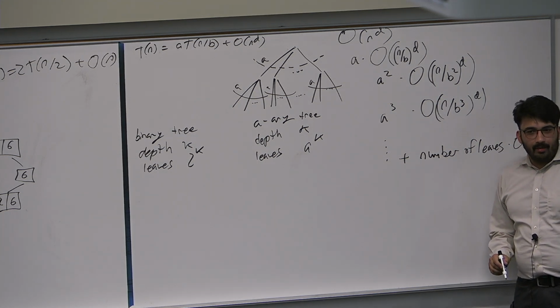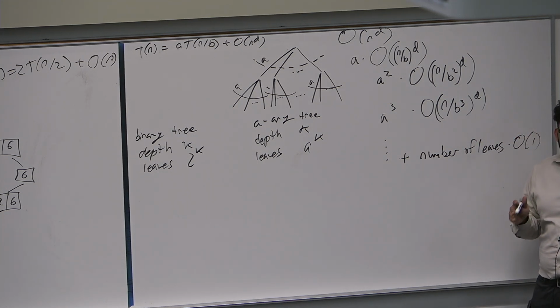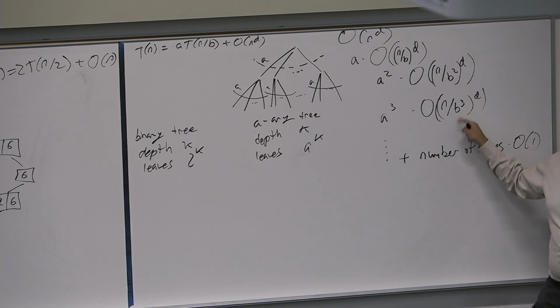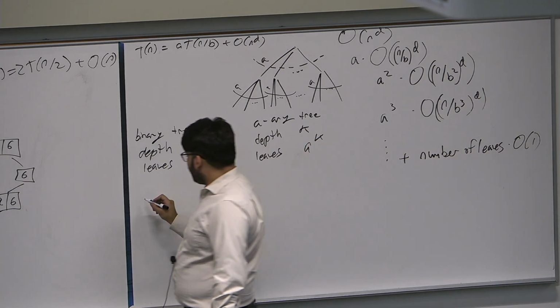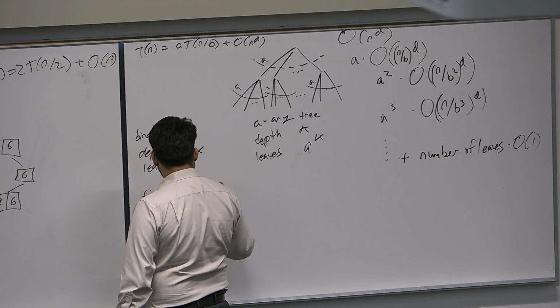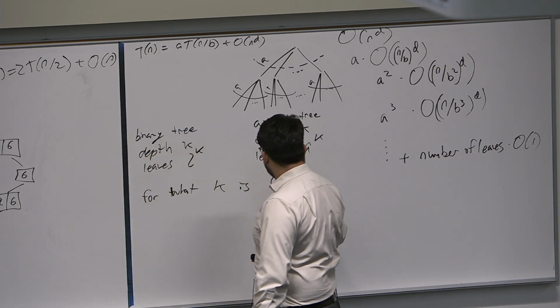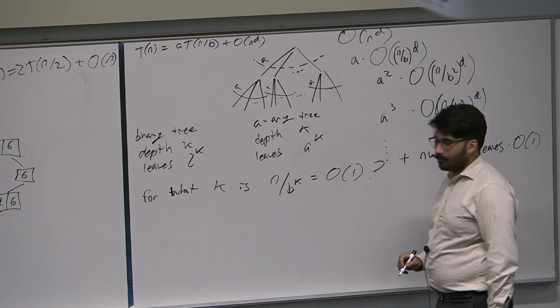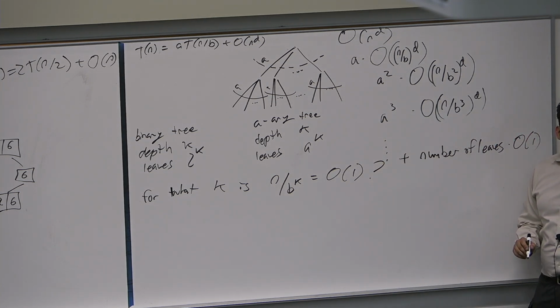How can we figure out the depth? The depth of the tree is when we can stop dividing into subproblems. So whenever the problem size is a constant, we're done. The question is, for what k is n/b^k equal to O(1)? That's the depth at which we stop dividing.